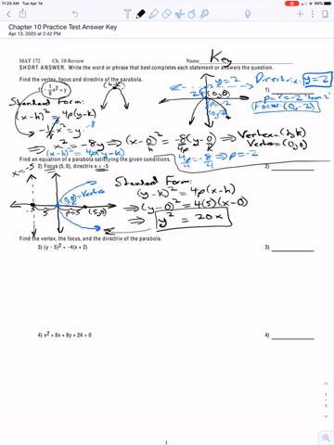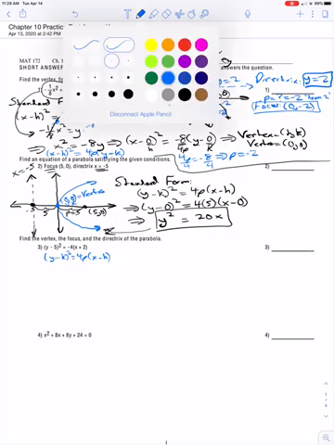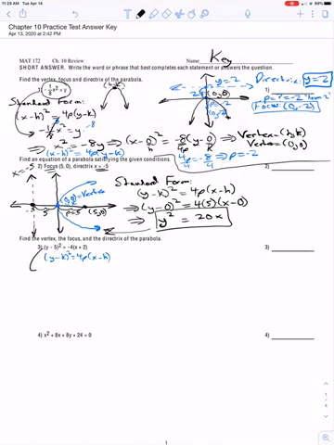all right, we have in this problem standard form right in front of us. So we have our standard form parabola: (y minus k) squared equal to 4p times (x minus h). As you're looking at it, it might help you to take this equation down here beneath this.